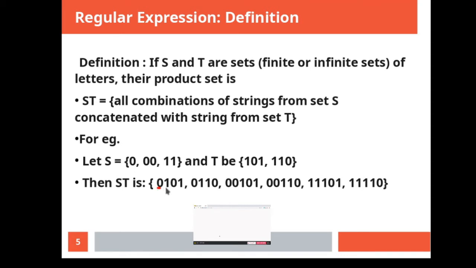If you see 0, you concatenate it with an element of T. You take the first element of S and the first element of T, then the second element of S concatenated with the first element of T, and the second element of S concatenated with the second element of T. Now you take the third element of S, which is 11, and concatenate it with the first and second elements of T. So ST is all combinations of strings concatenated in order, meaning first the elements of S come, followed by the elements of T.